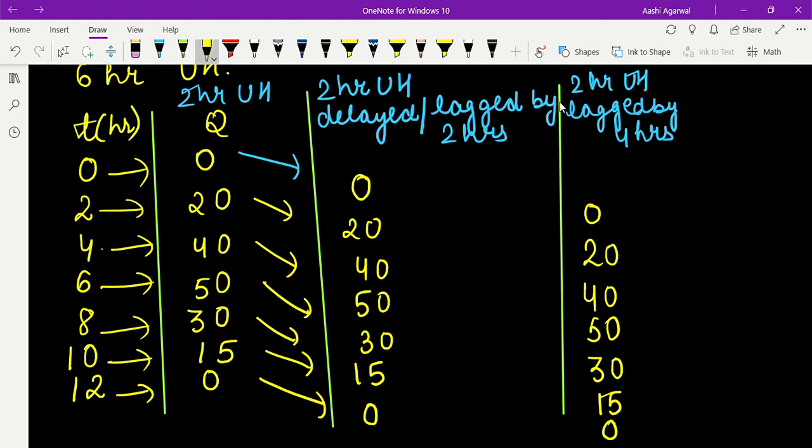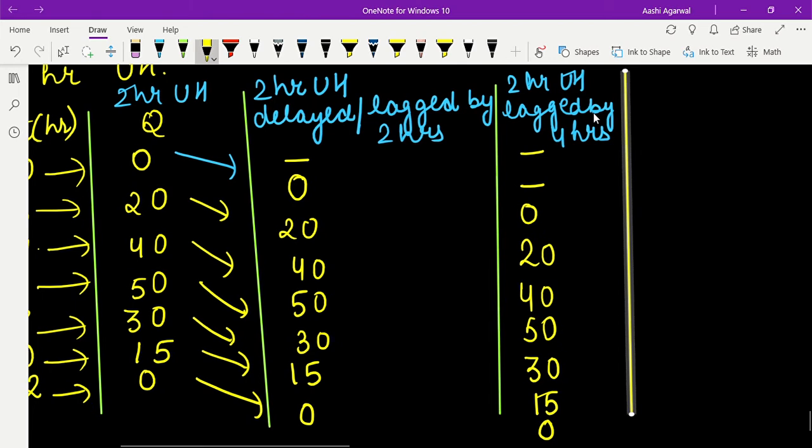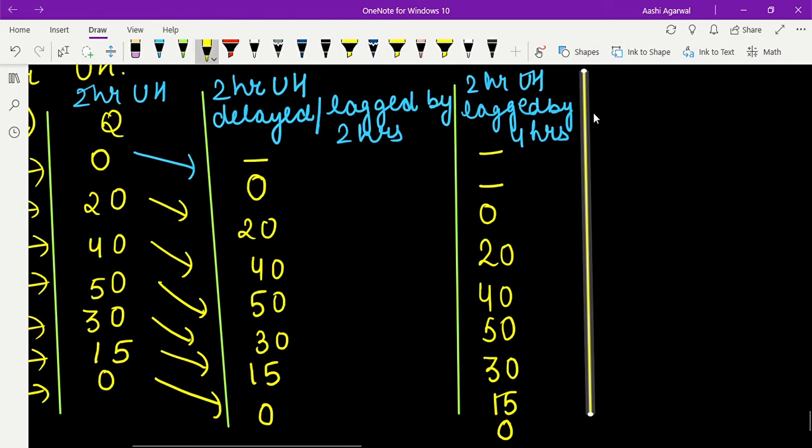Now the next step was to add all these ordinates. When you add all this, what will you get? 0 plus blank. Let me denote it by blank. Blank means you have shifted, so there will be no value here. Now again I'll make another column, and in this column I'm going to write the addition of this plus this plus this.